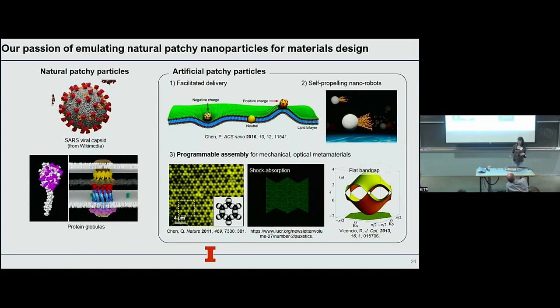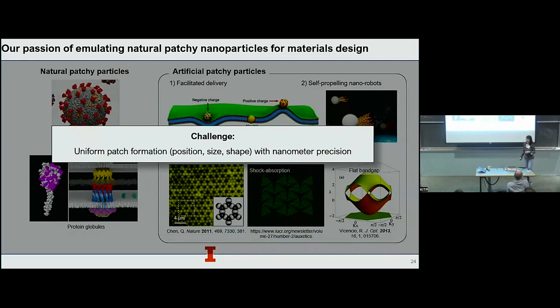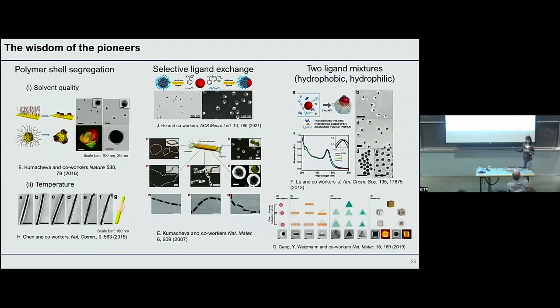So that's why we care about them. But the challenge here is how to actually have patchy nanoparticles with very uniform patch formation in terms of the position, the size, and the shape of the patch at nanometer precision. This is a very important question, so that's why there is a lot of pioneering work.